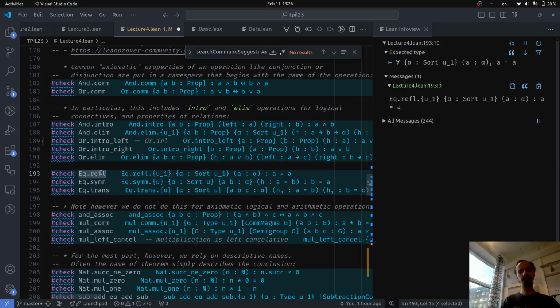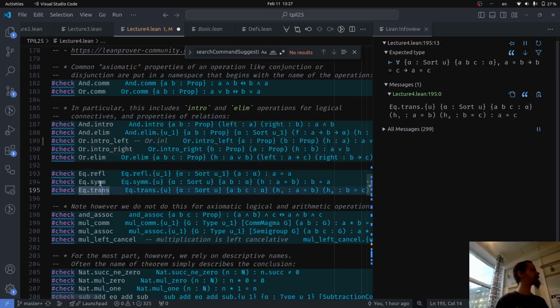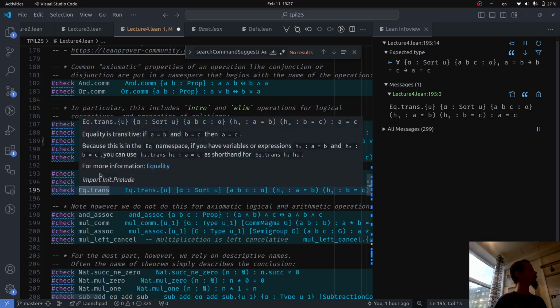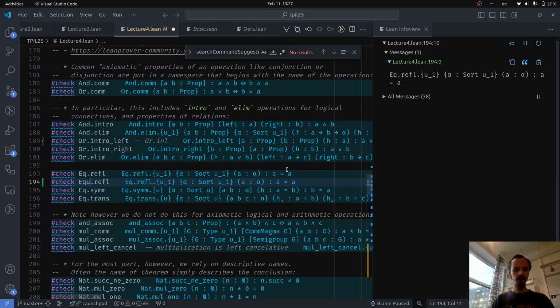There are also name components for various common properties, like reflexivity, symmetry, and transitivity. And so whenever you have something that's reflexive, it's going to have refl in the name. And there's also a convention that it'll be spelled rfl if it takes its argument implicitly. So here we have reflexivity of Eq.